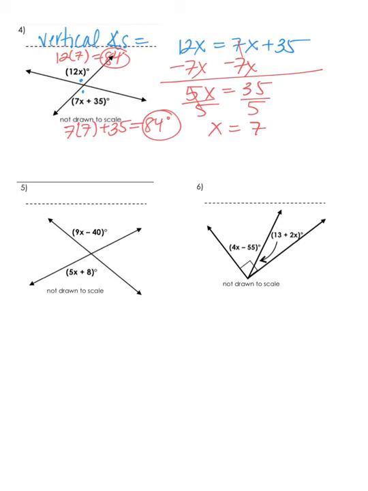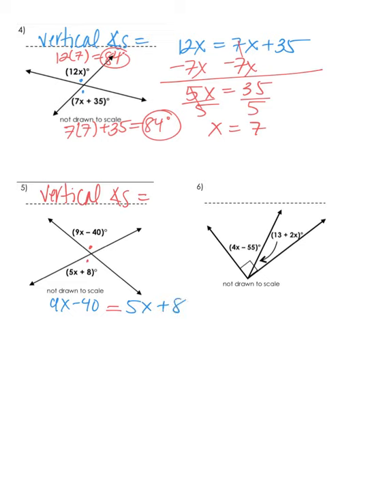Moving on to the next. Again, these are across from each other, so they are vertical angles, and they are equal. So my equation will be 9x minus 40 is equal to 5x plus 8.